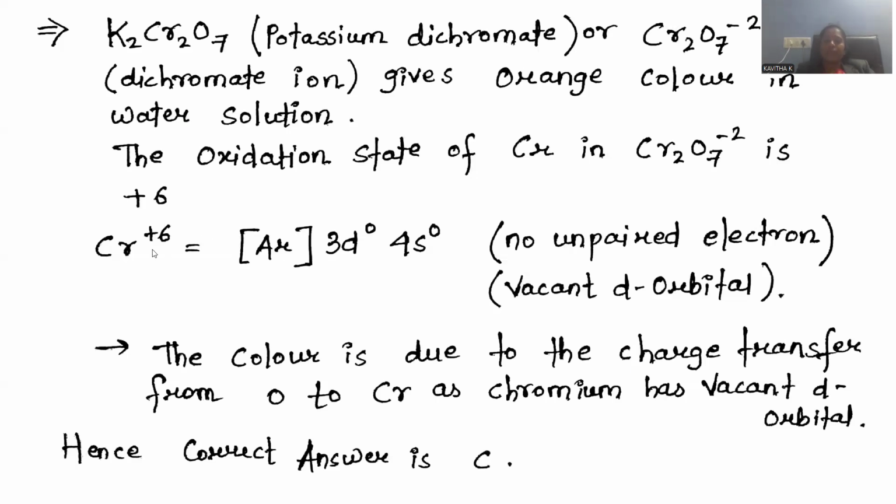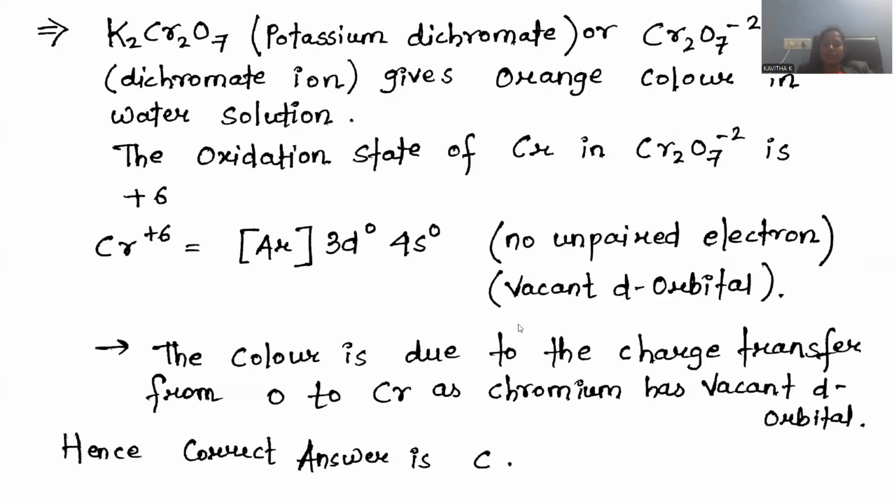Later on, for +6, the electron from the s orbital and all the electrons from the d orbital can be removed: 4s1 3d5, one electron from the s orbital and five electrons from the d orbital. If removed, 3d0 4s0 is the case in chromium +6. Being K2Cr2O7, we have +6, right? So that is completely empty. There are no unpaired electrons, and a vacant d orbital whenever chromium is in +6.